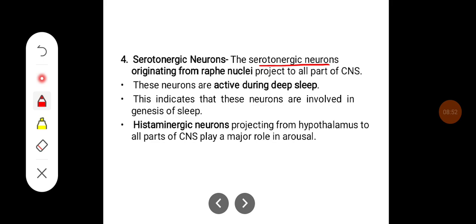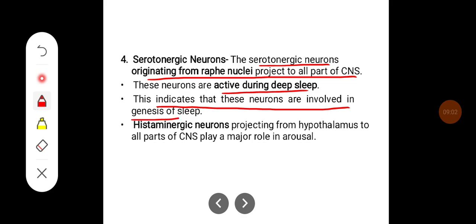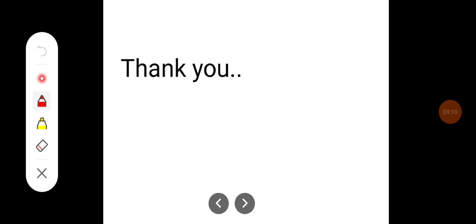These serotonergic neurons originating from the raphe nuclei project to all parts of the CNS. These neurons are active during deep sleep. This indicates that these neurons are involved in genesis of sleep. Histaminergic neurons projecting from the hypothalamus to all parts of the CNS play a major role in arousal. This is in brief about the reticular formation.